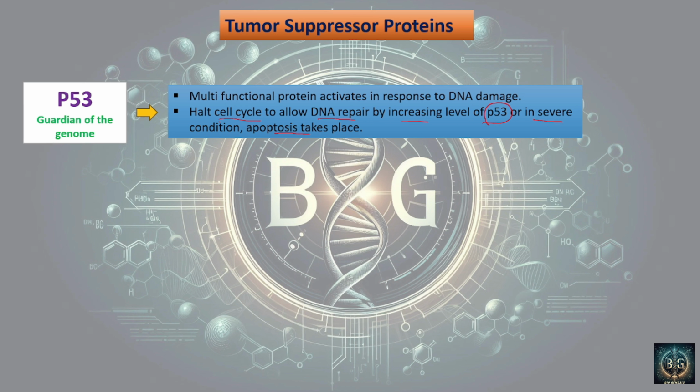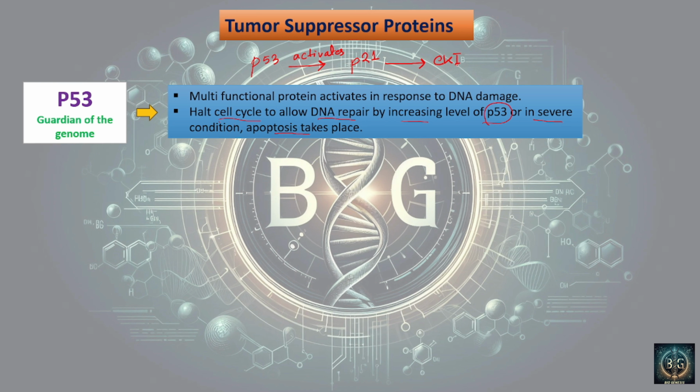How does it actually work? P53 activates another protein, that is P21, and then P21 acts as CKI. What is CKI? Cyclin dependent kinase inhibitor.